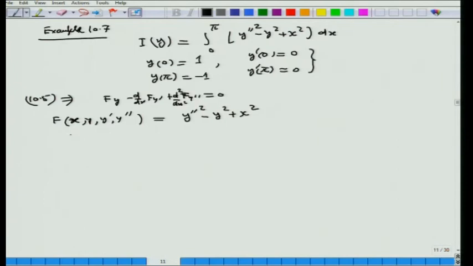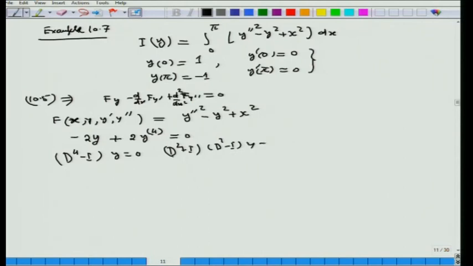So, f y will give us minus 2 y, there is no y prime here, only y double prime, and so you get 2 y fourth derivative. So, we get D 4 minus I y equal to 0, or D square plus I into D square minus I y equal to 0.